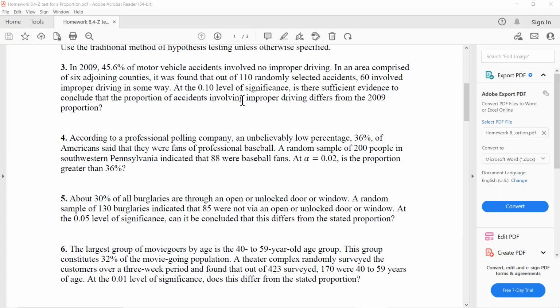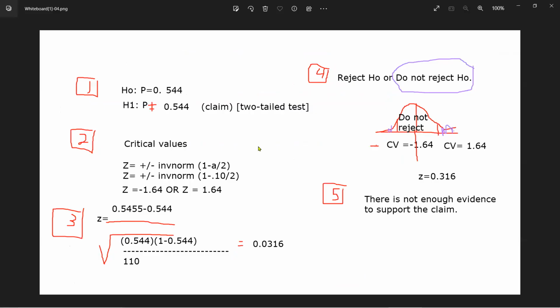So the first thing to notice is that these groups are not the same group. So here, when I did it, let me show you what happened. Instead of talking about that 0.456, remember that 0.456 is the percentage of people who were driving properly. That is what you were given, right?